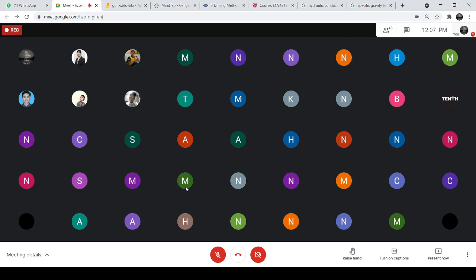Abang pun tak kata tak boleh, abang tak kata apa lah. Akak nak buat apa, nak beli apa, abang tak nak buat apa.